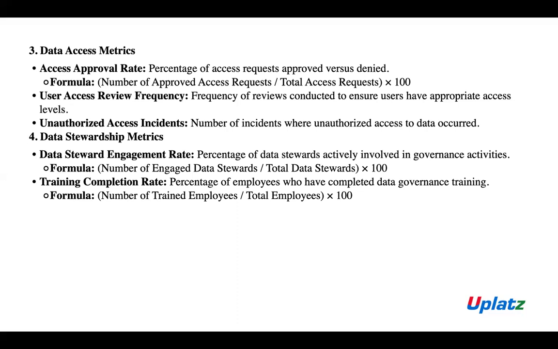If we find out the training completion rate, it can be said that the persons who have completed training are the first point that can be taken care of, that if an employee has completed his or her training, then they are in line with data governance policies and their implementation.